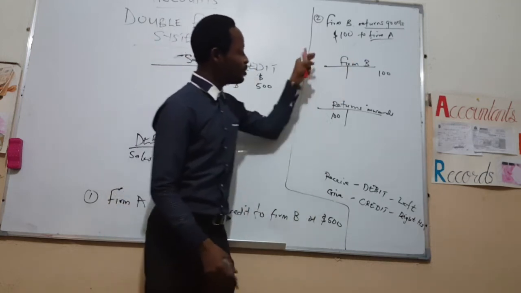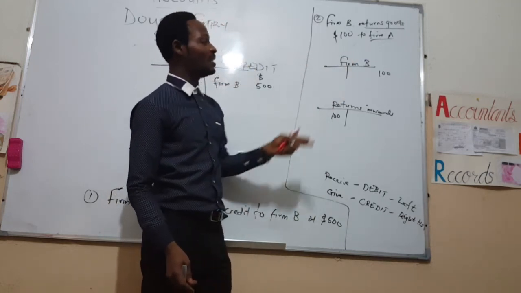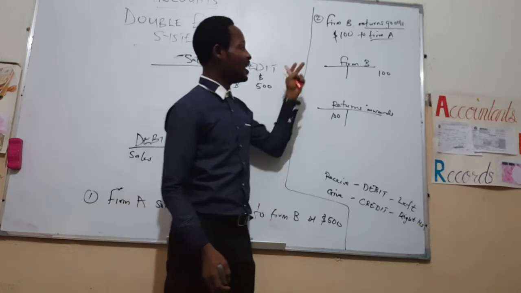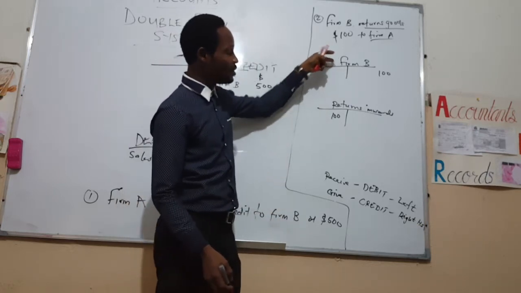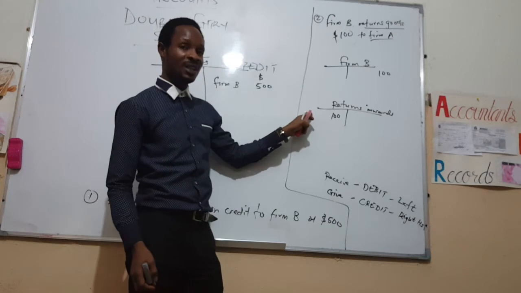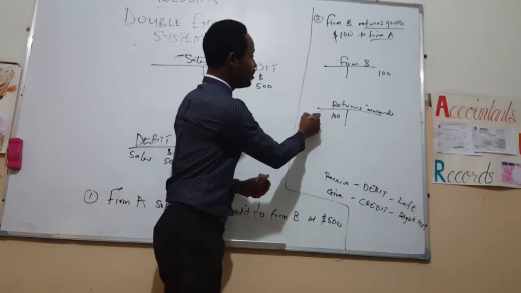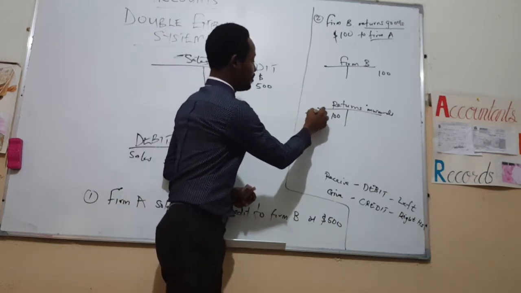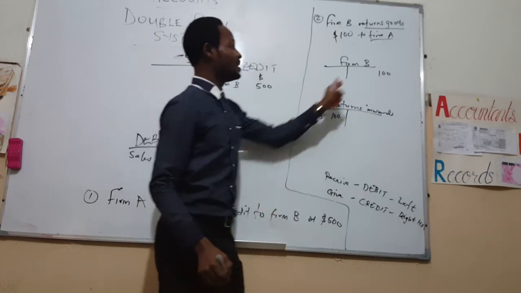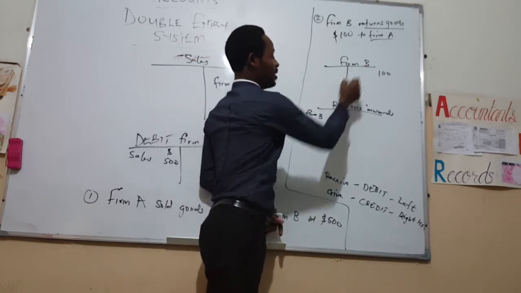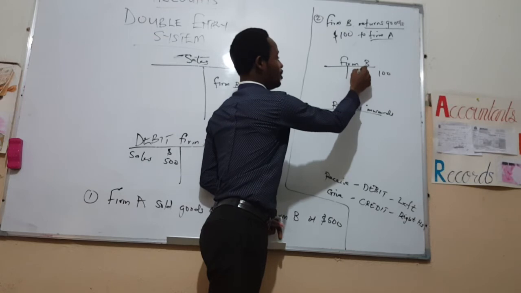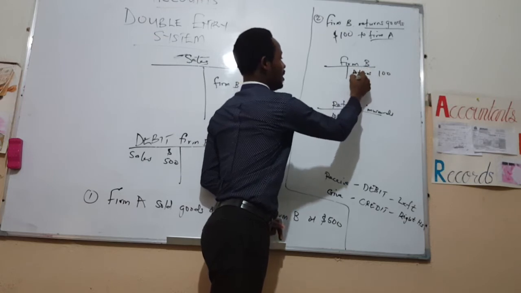And in these two transactions, when two accounts are affected, the first account will be the detail in the other account. That means the detail here will be firm B. And the detail here will be this returns inward account.